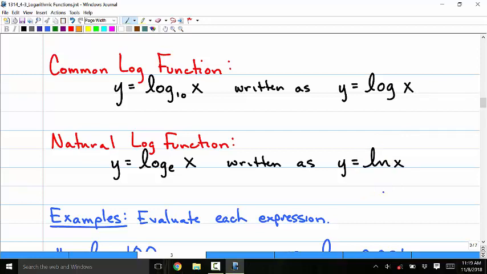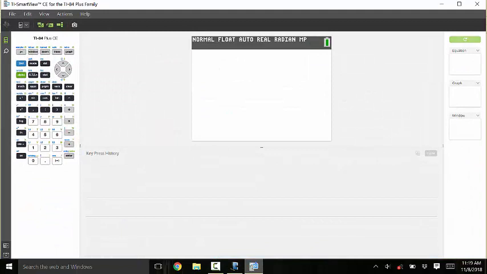Now, those two bases are so special that they even have their own button on the calculator. On your calculator in that first column, do you see the LOG button and the LN button? Your calculator has a common log and a natural log button. And what bases are those? Common log is base 10. Natural log is base e. Okay, keep that in mind.